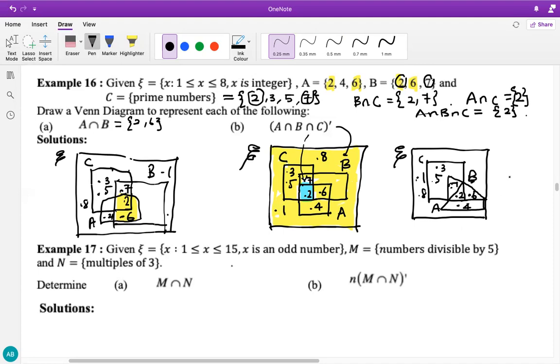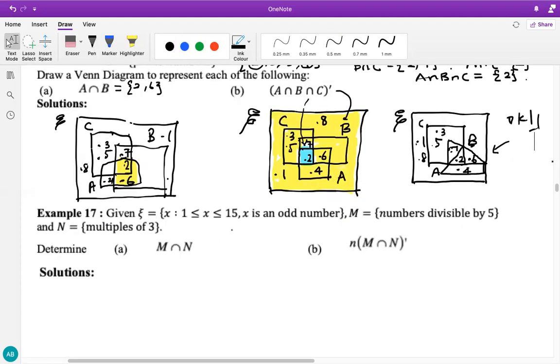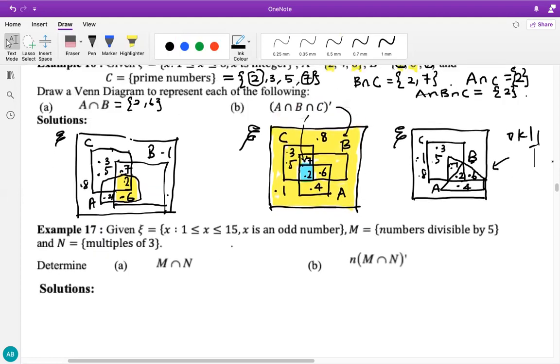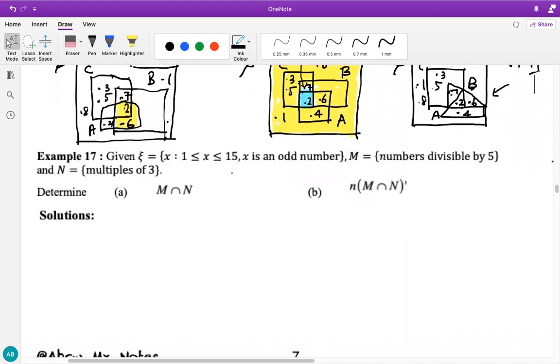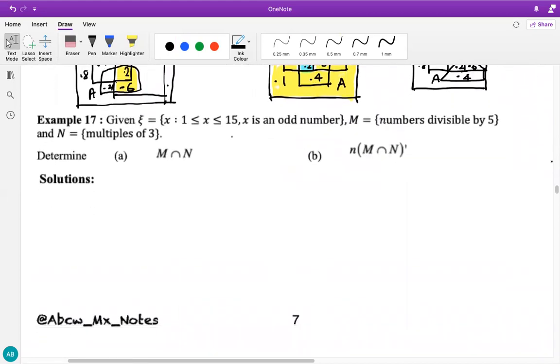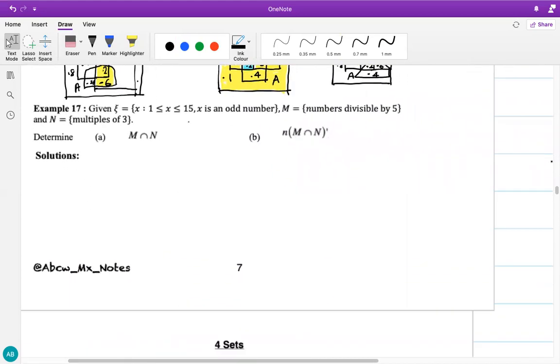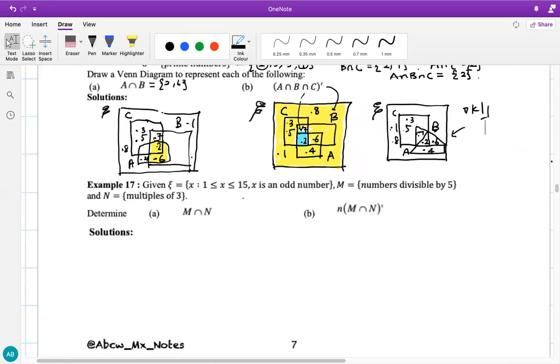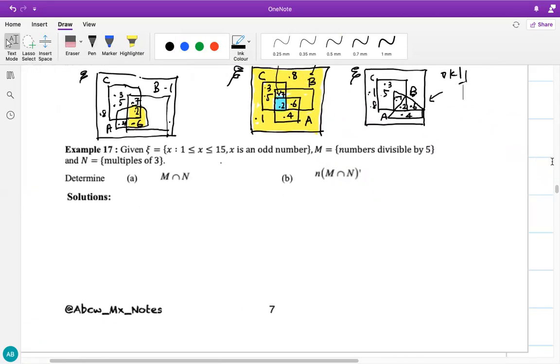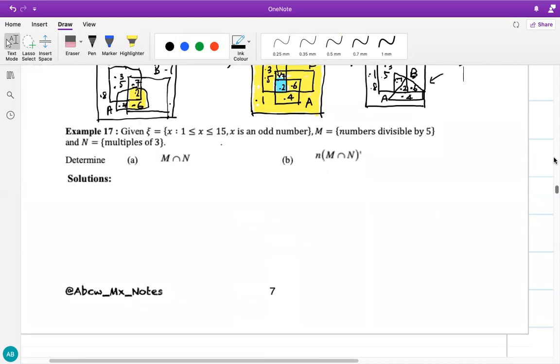So this one is much okay. So sorry for the sketching of the Venn diagram. So sometimes you need exercise for it. Right, so we go to example 17. Exercise for how to draw a Venn diagram.